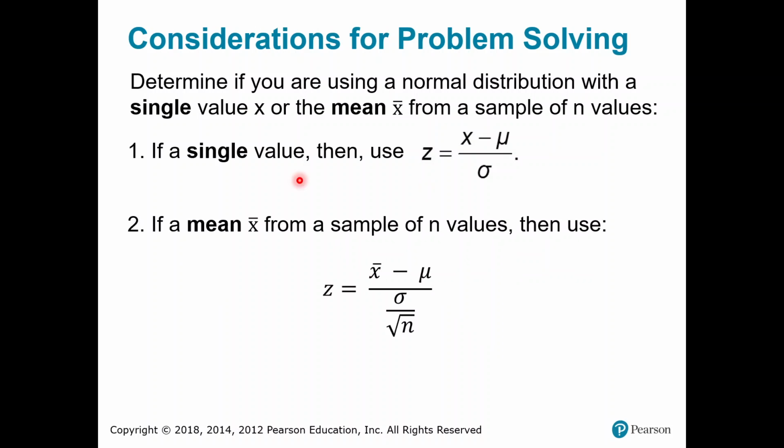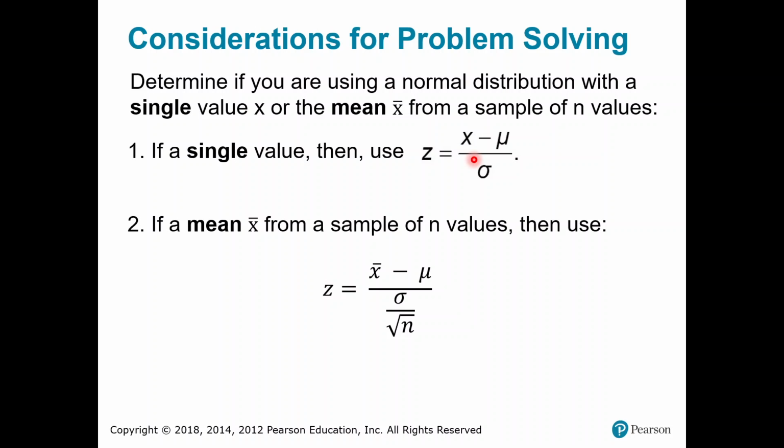However, if you have a mean x bar, then this is the z formula that you have to use. This one is just a modified version of the other one.